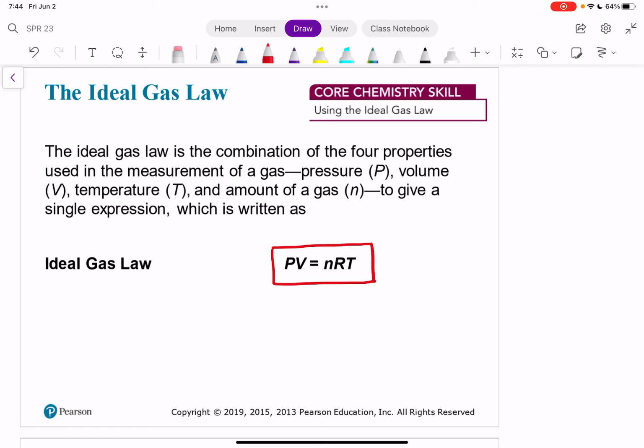Sometimes you'll hear PV equals nRT abbreviated as PVNRT. It's kind of weird, but it's just a little more fun to say.